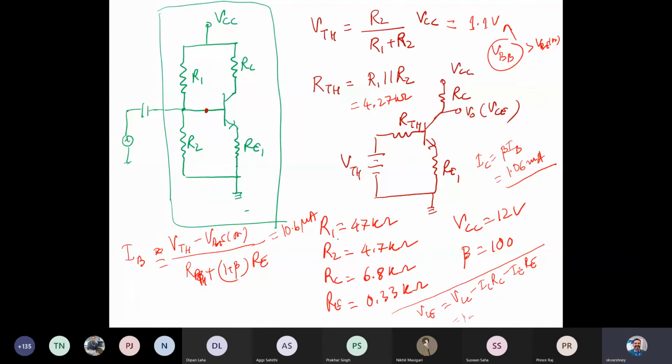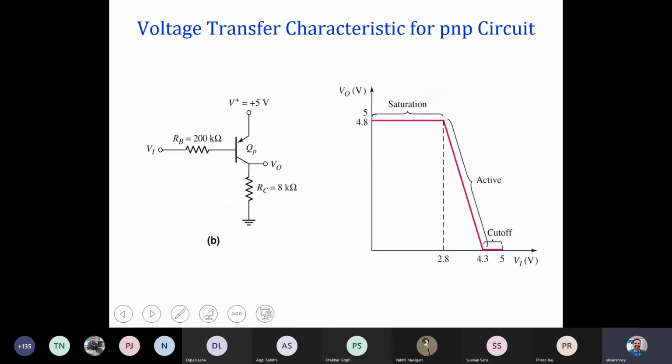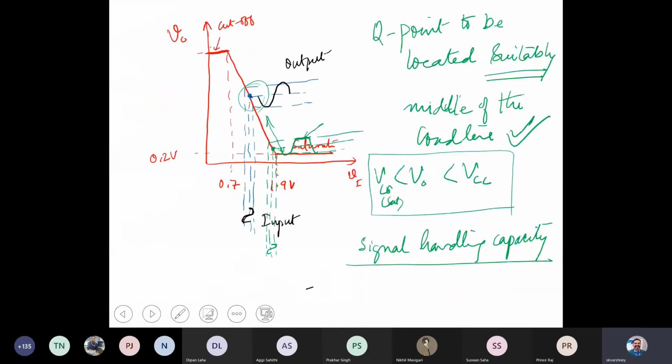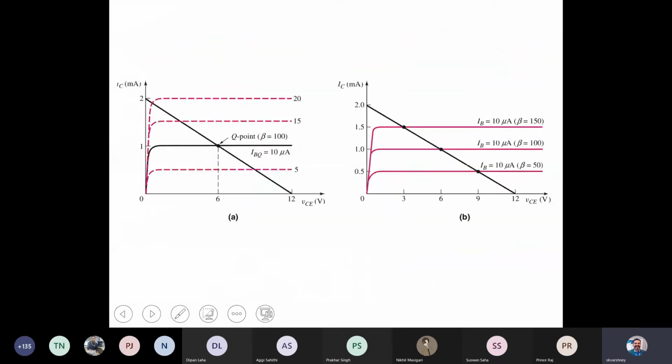Okay, we did it with the RE. There was one example I left. We made a table, right? I cannot find it.